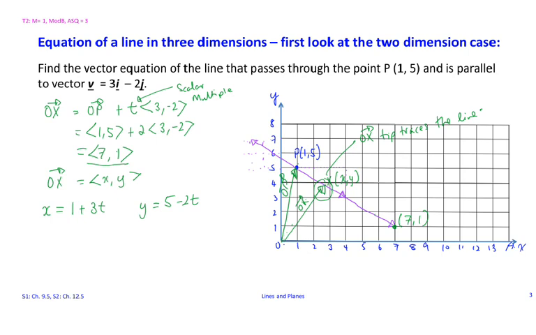If I had drawn our OX here, then we have OP plus 2V, so this is head to tail, tail to tail, head to head. This is actually equal to OX, and it's just going to be tracing up and down the line.